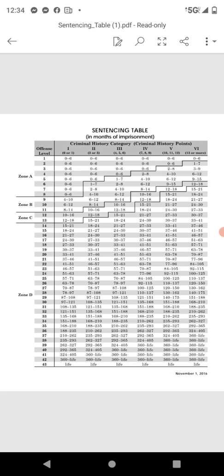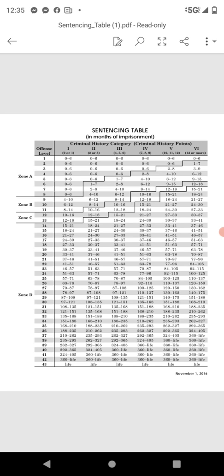Now, let's say for instance I committed some crimes and I added my points up and it came to an offense level of 23. So we would go over to the left to the 23. And if I'm a person that's never been in trouble before, then I go to number 23, category 1, Roman numeral 1. And that's going to be from 46 to 57 months.